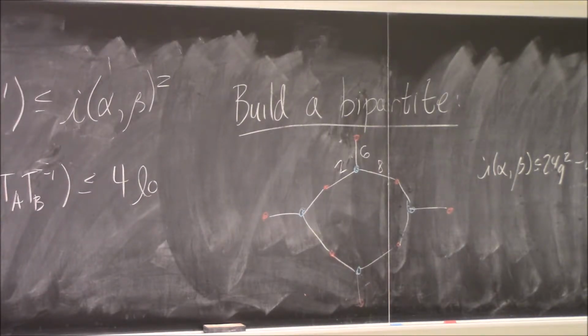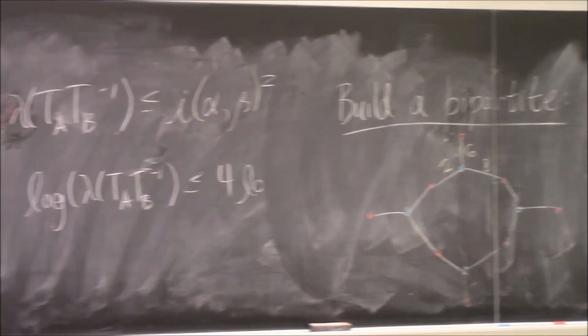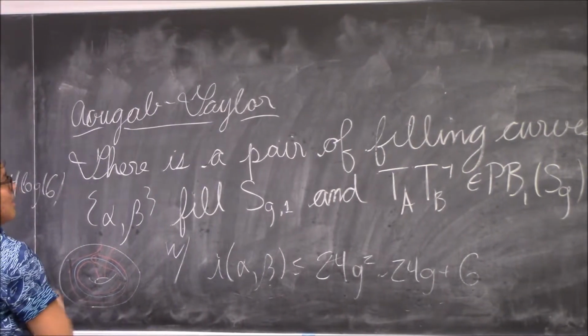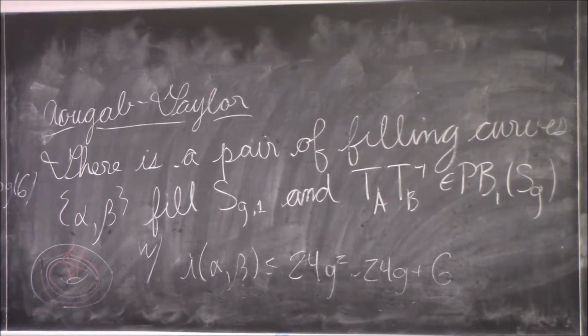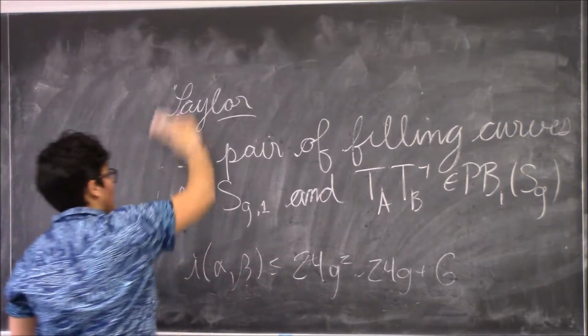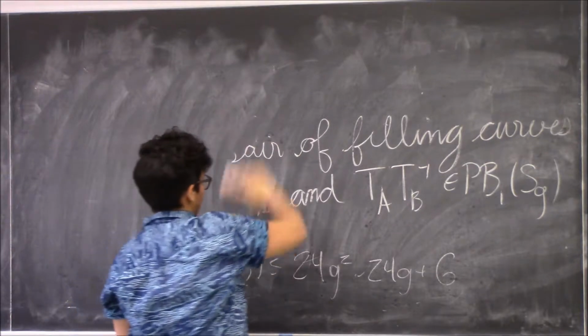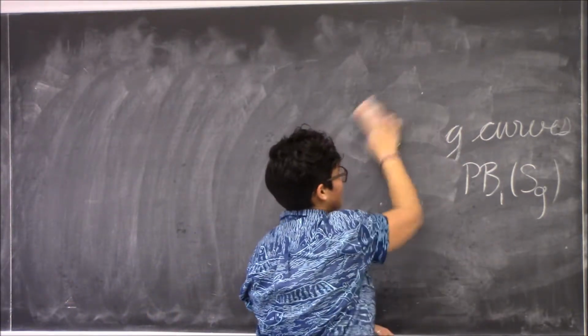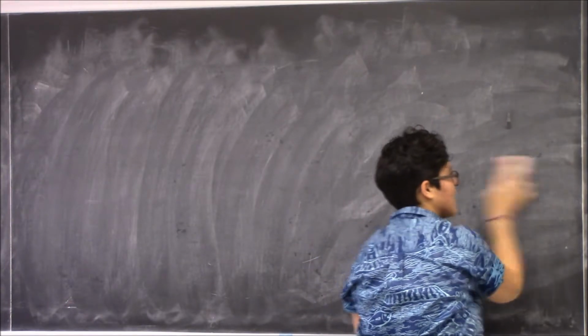Okay. So let's turn to the lower bound. Let me clear some board space. The upper bound is really nice because it's so constructive. We're just constructing examples of nice pseudo-Anosov pure surface braids that have small dilatation.